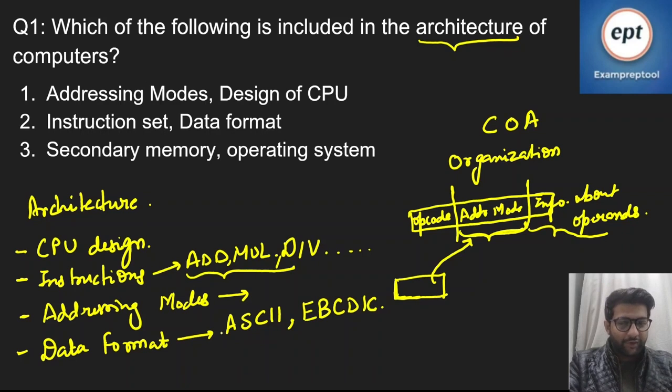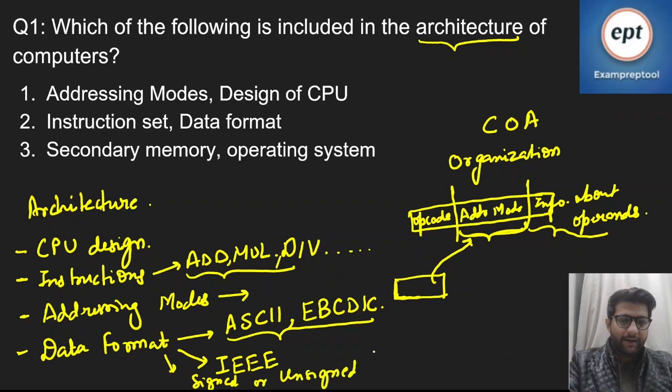So how the characters will be represented, that has to be told to the computer, or how the numbers will be represented, that how the floating point number will be represented. So we have IEEE format, and how the signed and the unsigned number will be represented, right? Like they will be represented in two's complement or one's complement. So this entire thing has to be a part of the design, right?